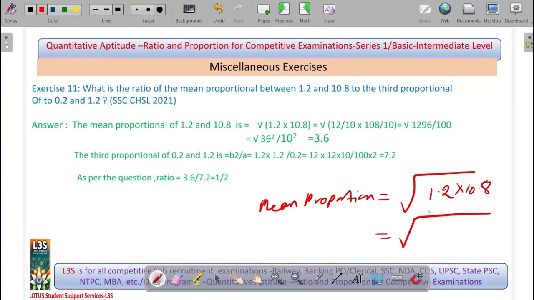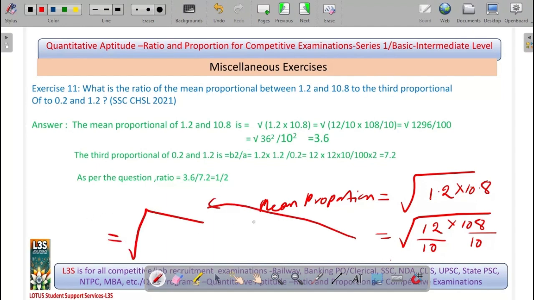So if we do it like this, 108 by 10. So we can do like this, 12 into 108. 12 into 108 will get 1296 and denominator 100.